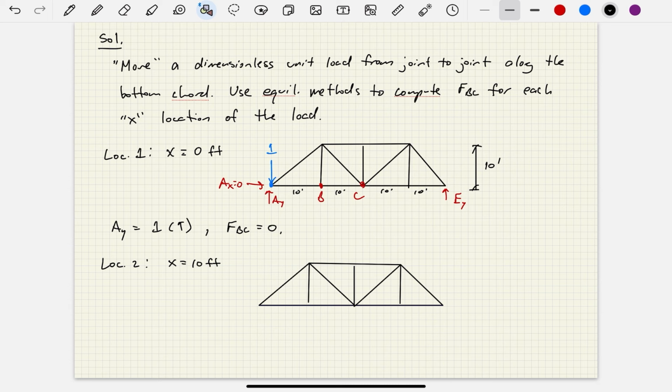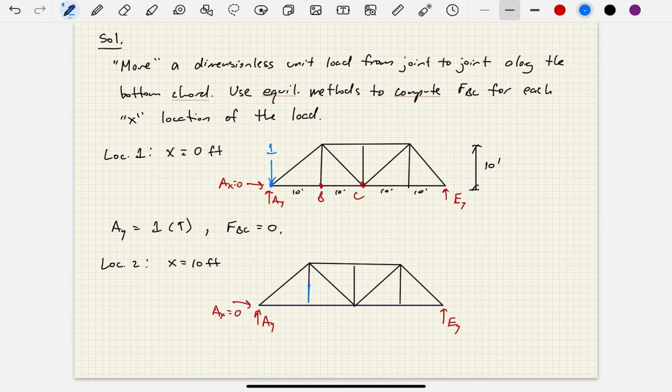And we have AY, AX is 0, and EY. Now, where is that unit load?